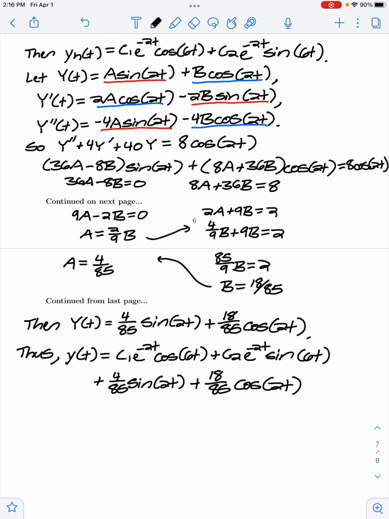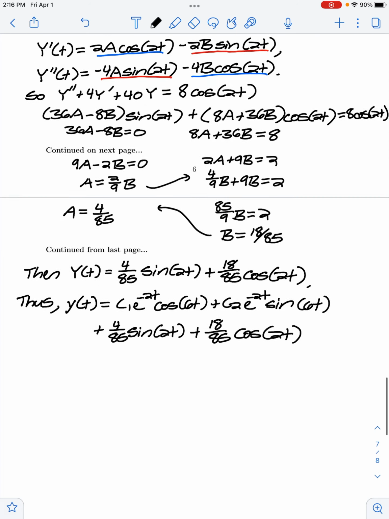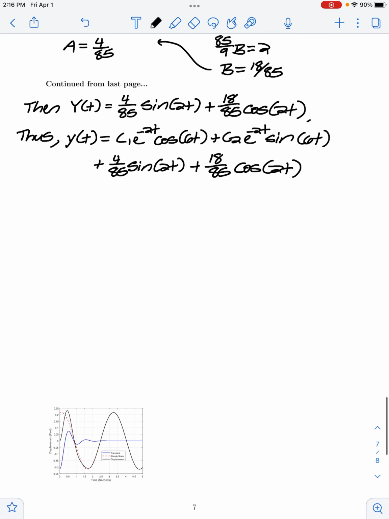And to finish out the problem, we need to solve for the constants, c1 and c2, using the initial conditions, which means that I need to find the first derivative of this general solution.